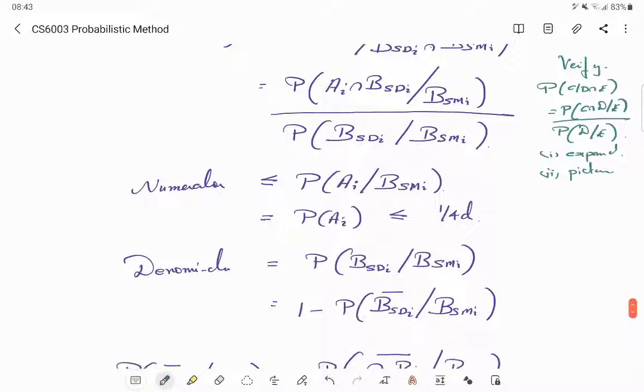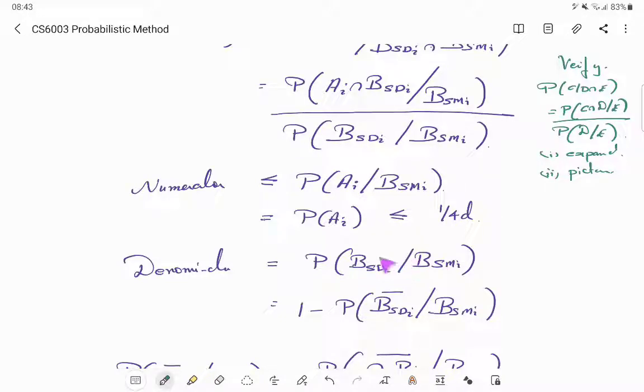Now, what is the denominator? The denominator is probability of BSDI given BSMI. Because B is the complement of AI and it's an intersection, that's why I'm using the words none of. This is the event that none of the events on which AI may depend has occurred, given that none of the events from which AI is mutually independent has occurred.